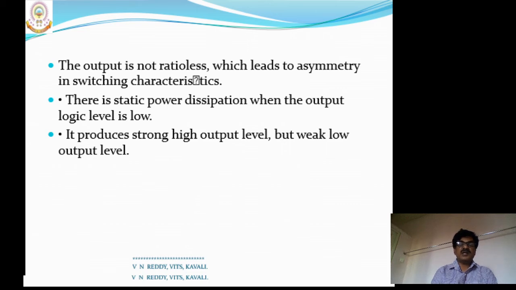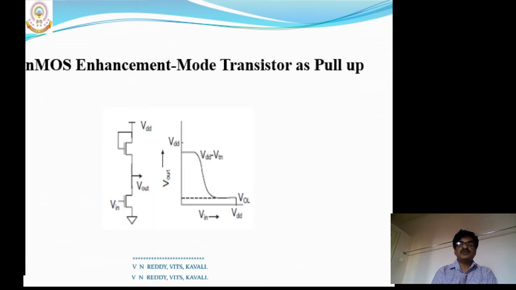Now let us see what happens by using the enhancement transistor as a pull-up. Does it overcome the drawbacks or not? This is the inverter diagram using an enhancement transistor as a pull-up, and the second diagram represents the inverter characteristics of it.